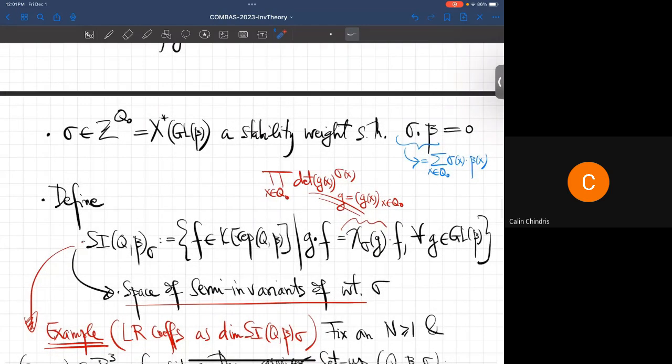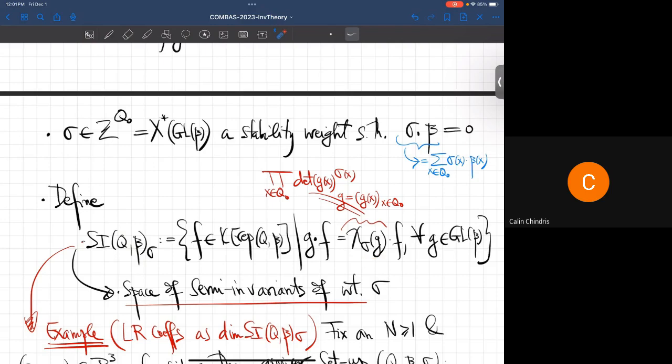So this is how we define a weight space of semi-invariants. The quiver Q and the dimension vector beta are fixed. Let's fix a character, or equivalently a stability weight sigma. The space of semi-invariants of weight sigma is then defined to be the space consisting of all regular functions f for which the action of any group element g on f is given by the scalar multiplication of f by the value of the character at g.